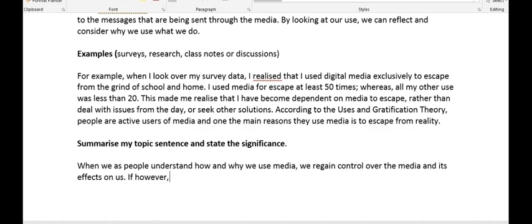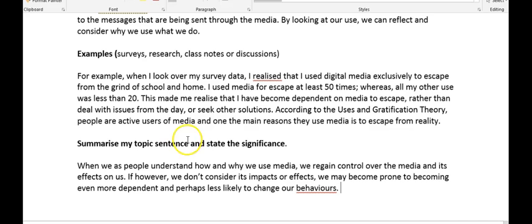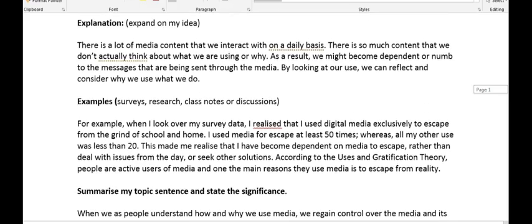If, however, we don't consider its impacts or effects, we may become prone to becoming even more dependent and perhaps less likely to change our behaviors. Now, again, there's no necessarily research that's going to back this up, but it does certainly talk about the significance and expands on why a better understanding of how we use media can impact our lives.